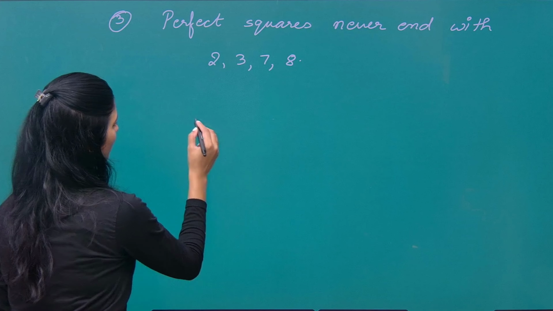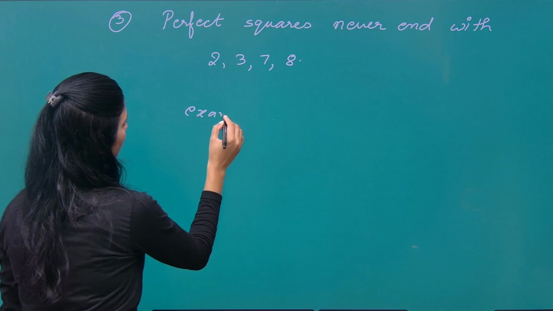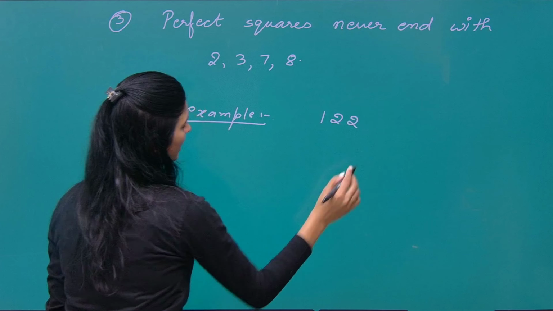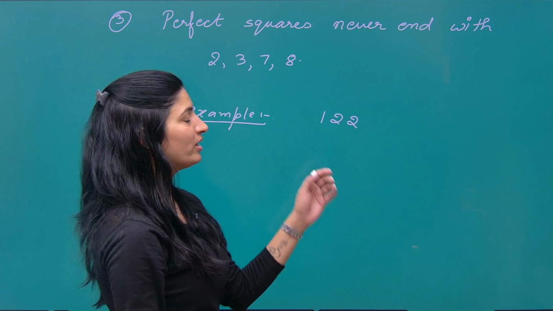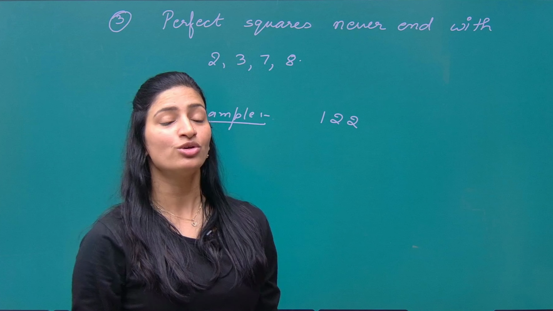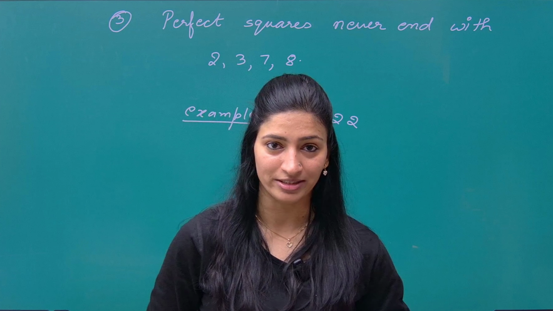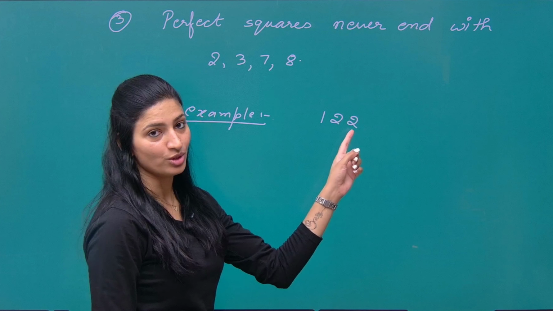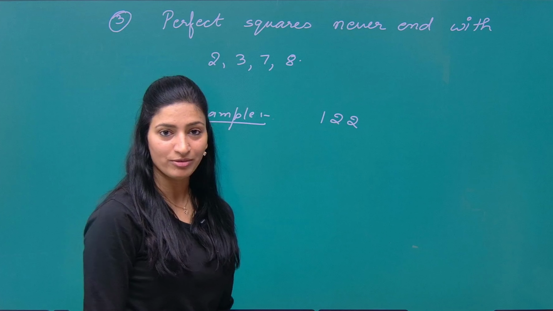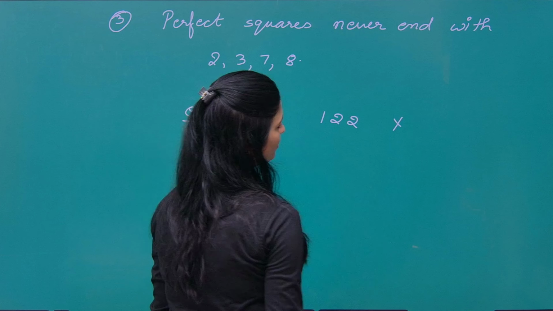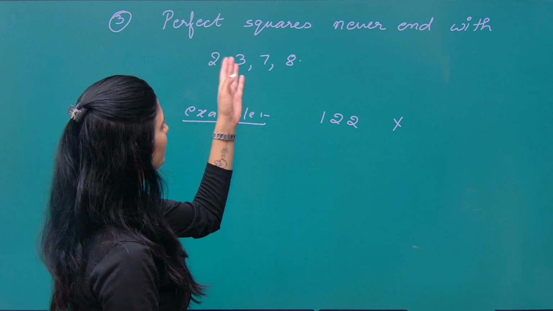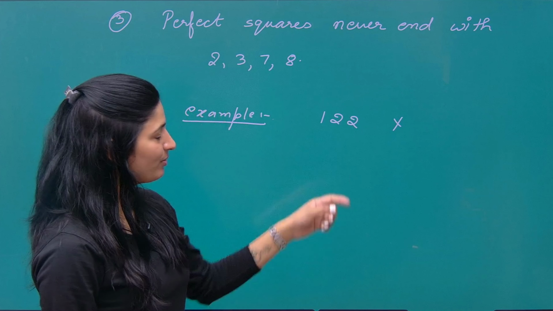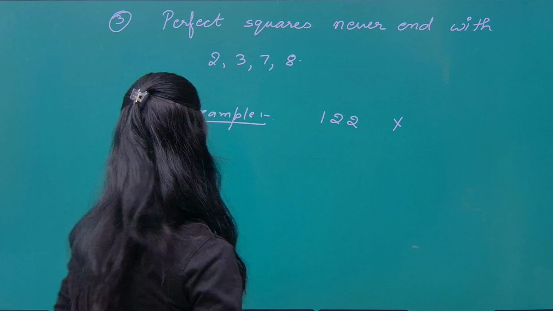So if you are given a particular number, for example 122, and they are asking you to check whether 122 is a perfect square or not, you don't even have to go for the prime factorization method. You can clearly see here that 122 ends with 2. So definitely this is not a perfect square. So without testing it using the prime factorization method, just using the property, we can simply say that this particular given number is not a perfect square.